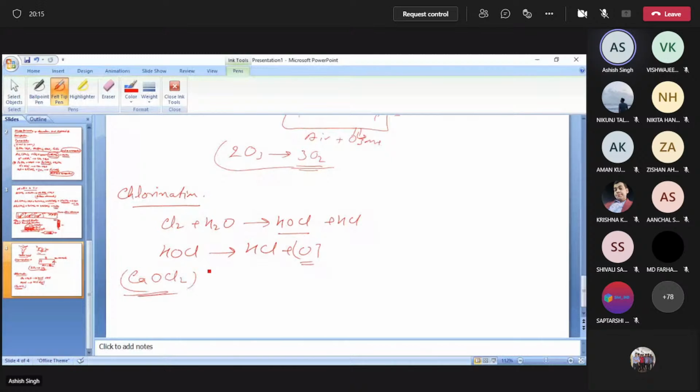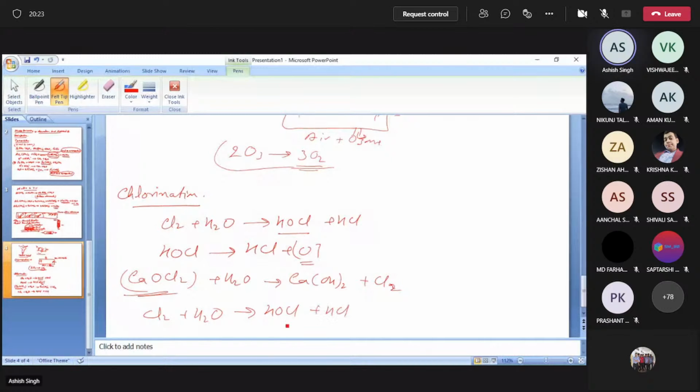Cl2 plus H2O again forms HOCl plus HCl. HOCl breaks into HCl and nascent oxygen.